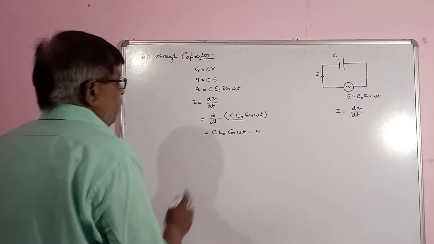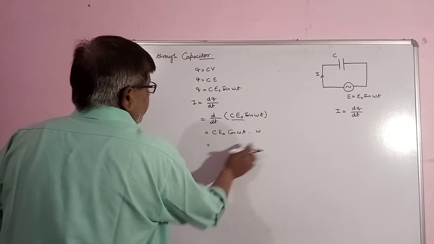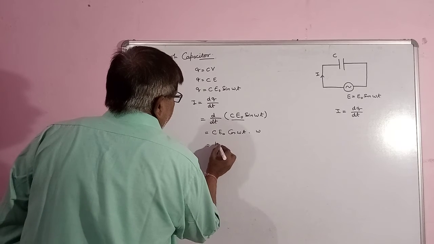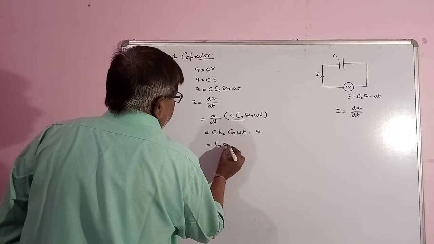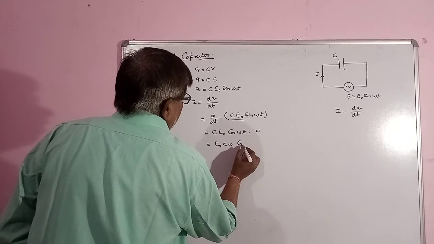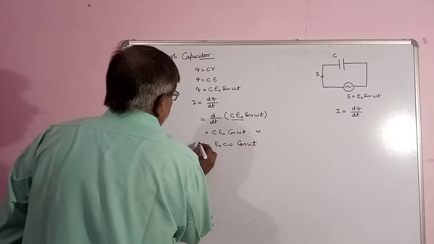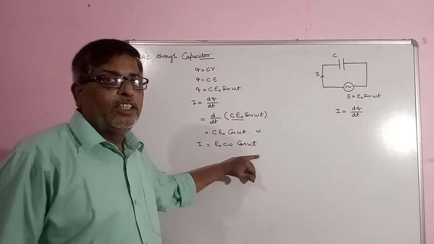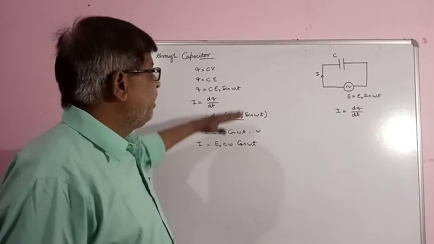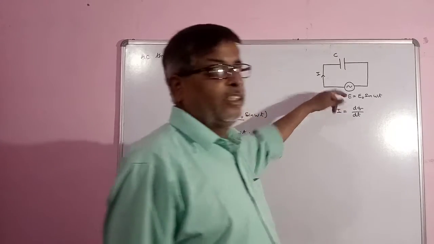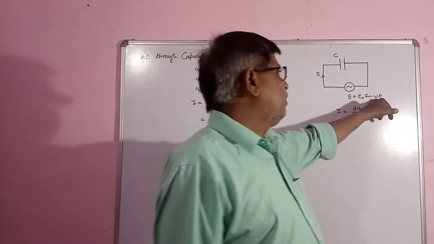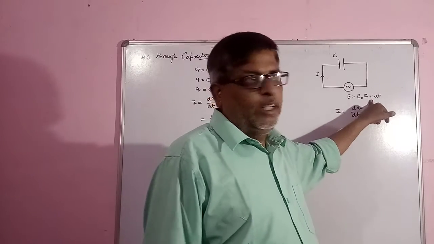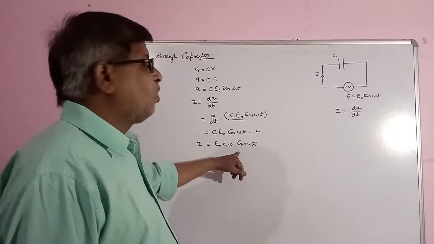So we can write E naught C omega cos omega t. This is the equation of current, and the equation of EMF is this. This equation is in sine form, and this equation is in cos form.